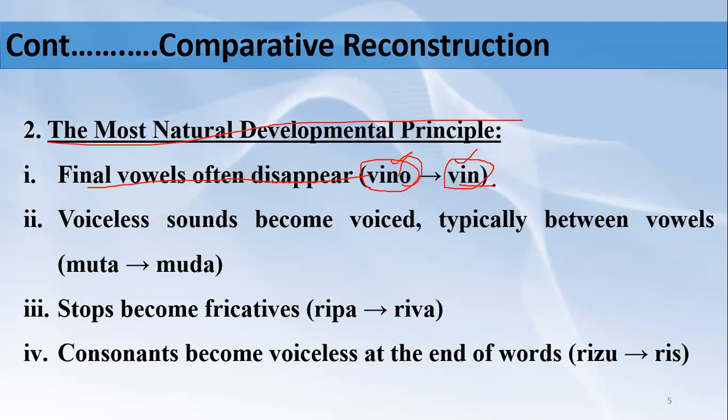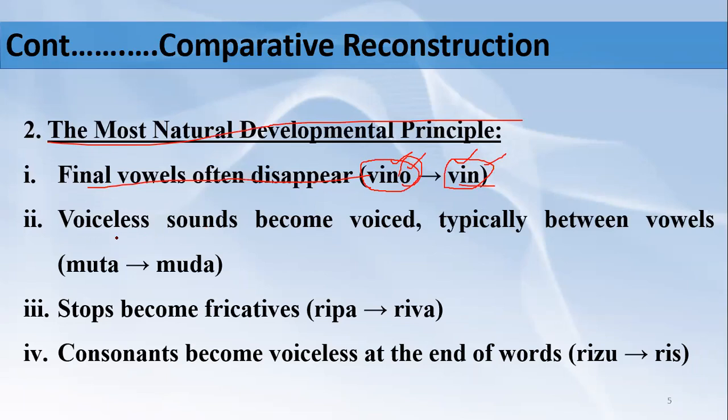When a word is derived from another word, obviously the word which is being derived must be the modern word, and the word from which it is being derived must be the older form. If the older form has a final vowel, that final vowel often disappears, and the modern word no longer possesses that final vowel sound.